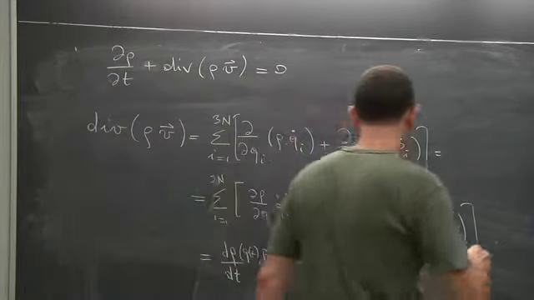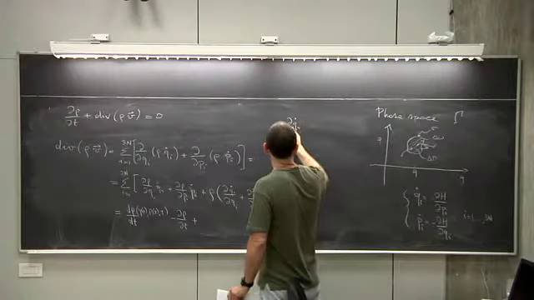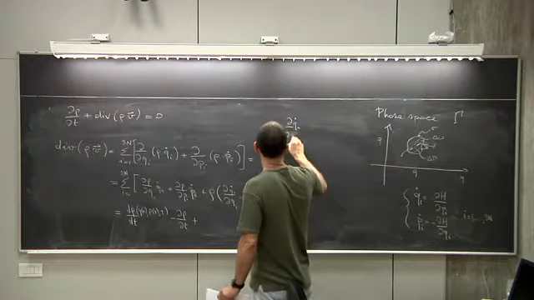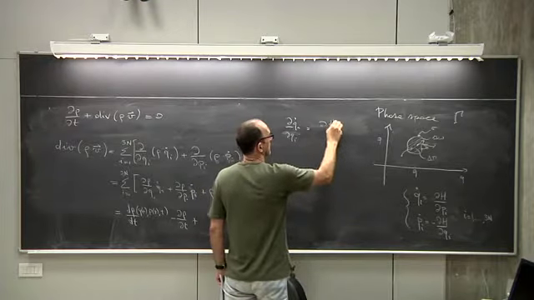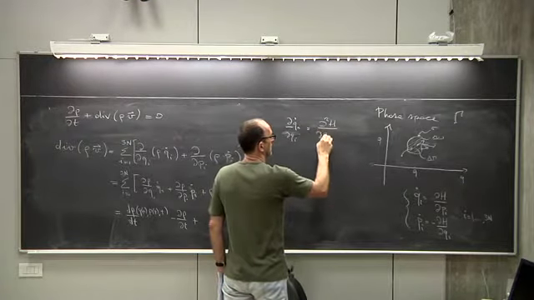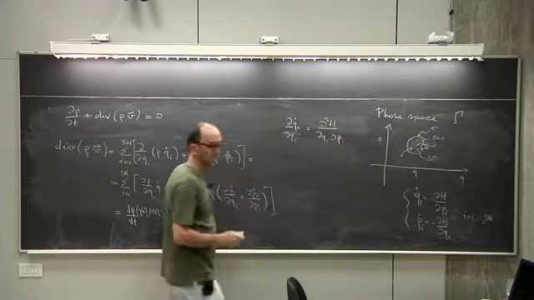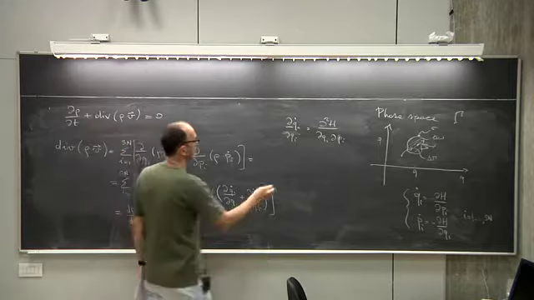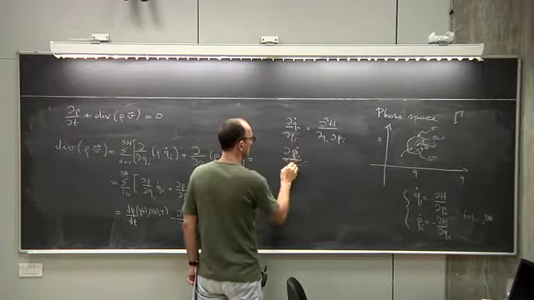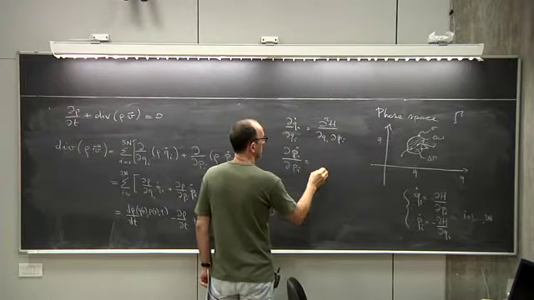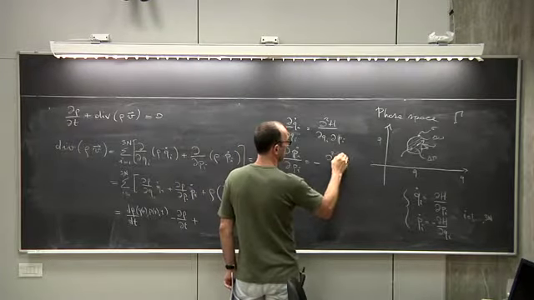And what is this part here? Well, you notice that ∂q̇_i/∂q_i, that is ∂²H/∂p_i∂q_i, is equal to the second derivative of the Hamiltonian, and ∂ṗ_i/∂p_i is equal to minus the same second derivative.